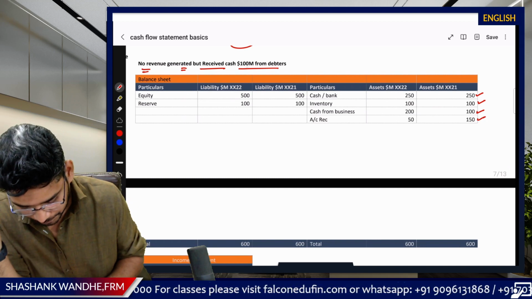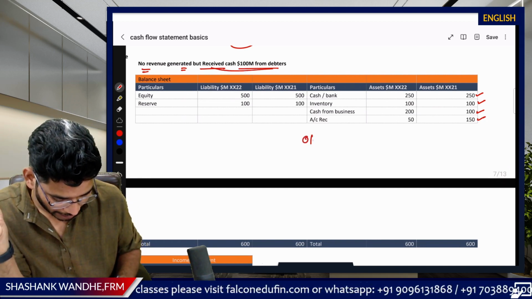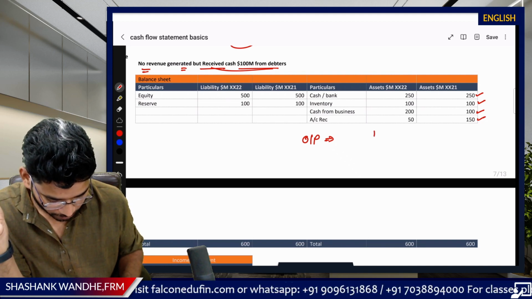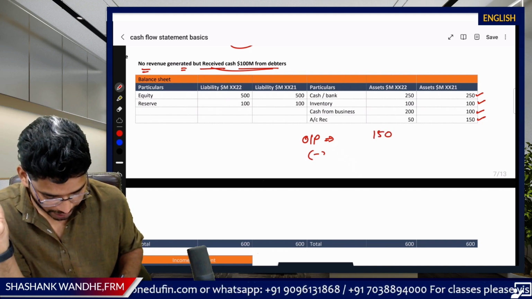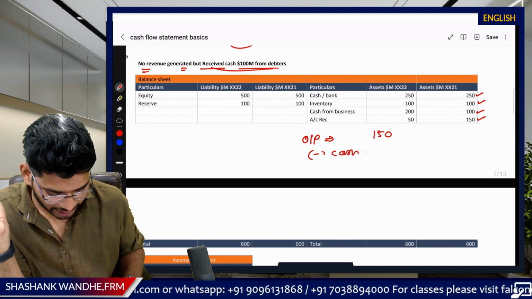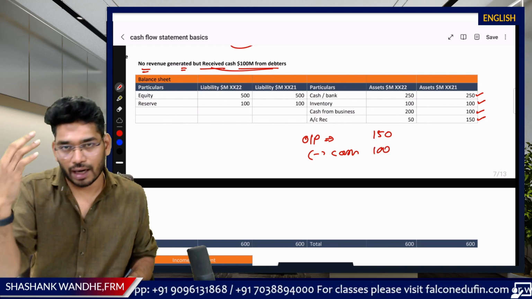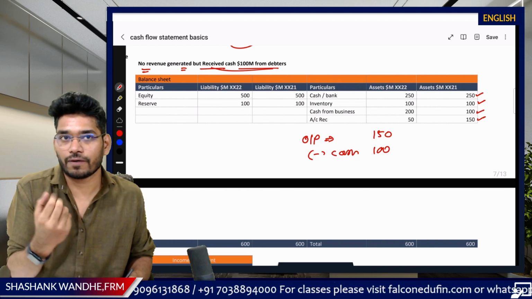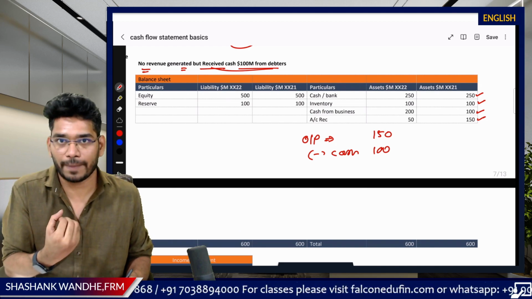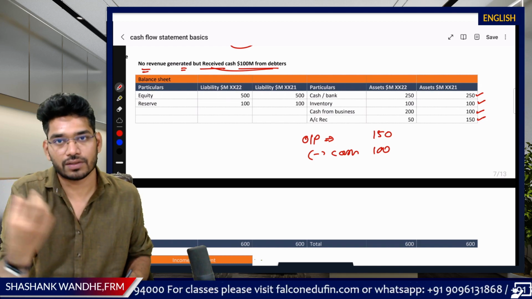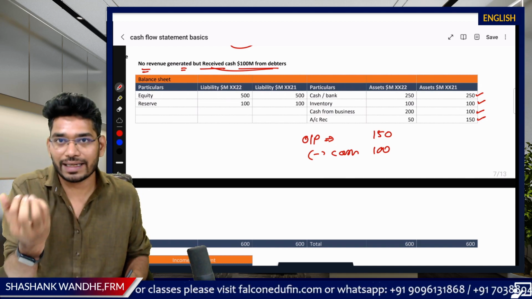But what happened? Previously we had an opening balance for debtors of 150, out of which cash received is 100. So our debtors owed us a receivable of 150, out of which 100 million we got paid, and now we have a remaining account receivable of 50 million. So 100 received in cash.